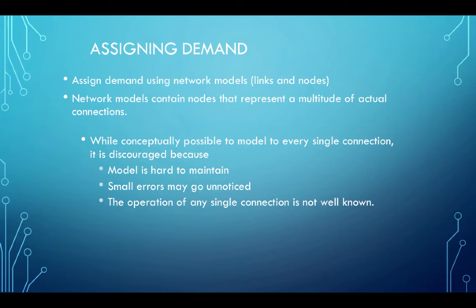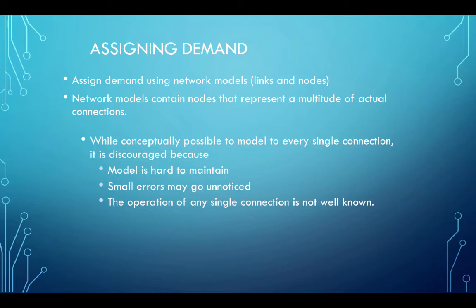Computers can make small errors too, and they would go unnoticed perhaps for a long time until something really unexpected happened. And frankly, the operation of a single connection is not well known, at least at the time of this writing. With the emerging smart meter and smart technology, that may not be so true a statement in a decade from now.